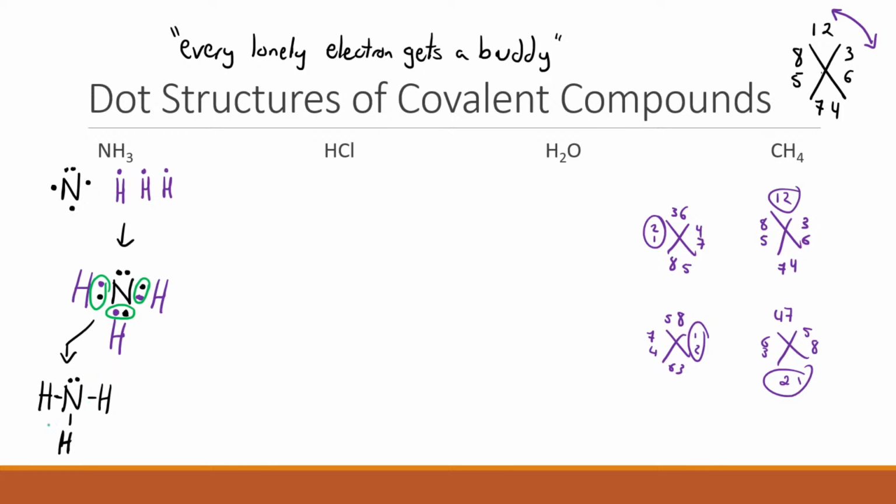Every element here is stable with either 8 or 2 valence electrons. Every lonely electron is paired. Every lonely electron got a buddy. And so we have a final answer.